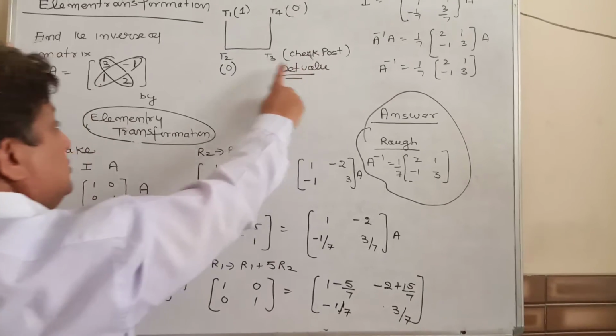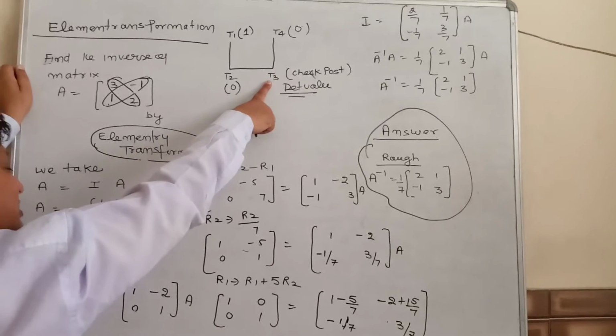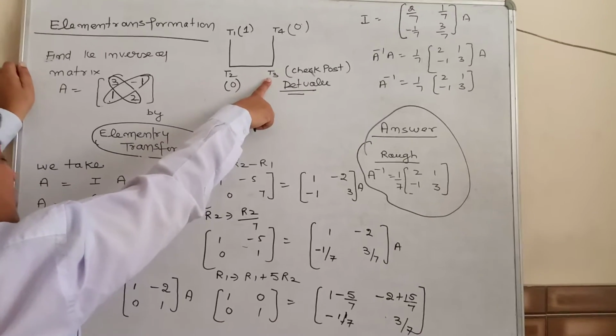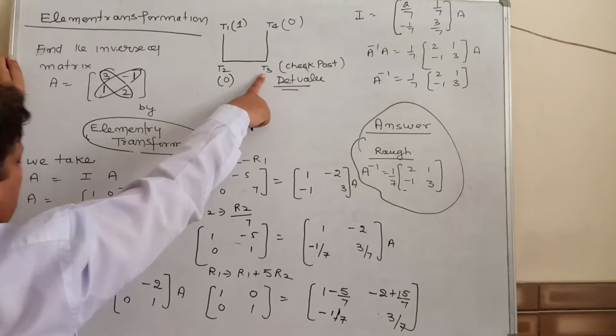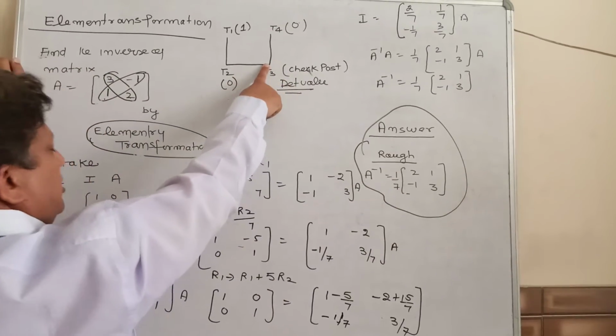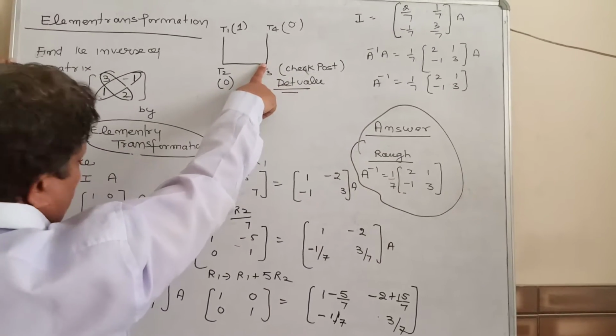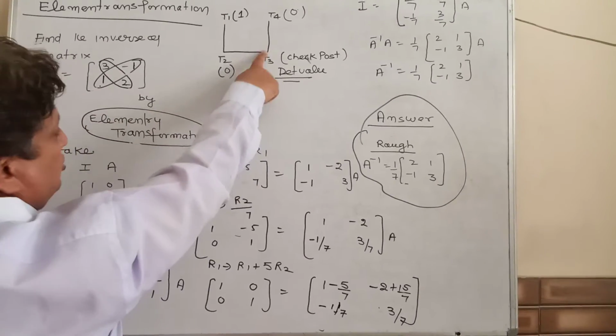Check post means at T3 stage, or target 3 stage, we should have either the determinant value, its factor or multiple. Suppose the determinant value is 7. Now at T3 either we should have 7 or -7, 1 or -1, 14 or -14, like that.